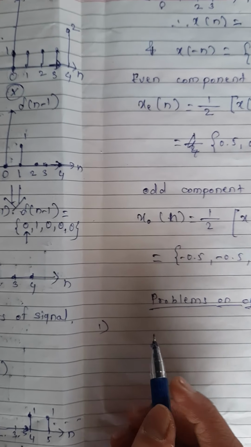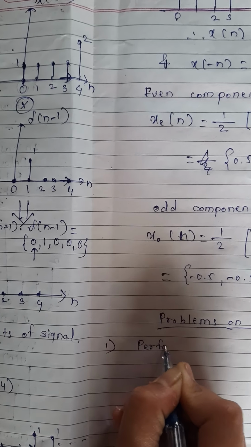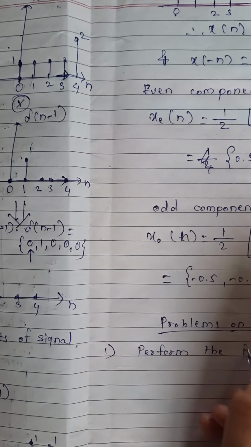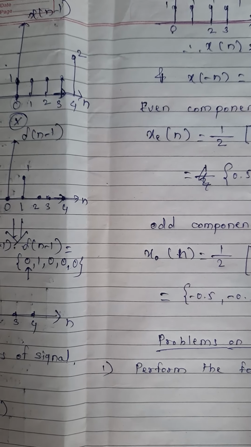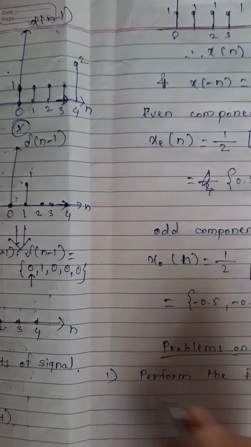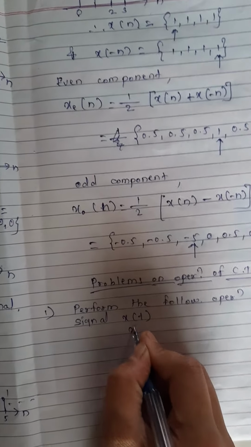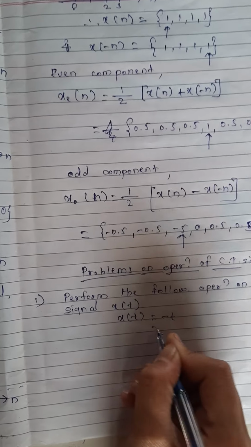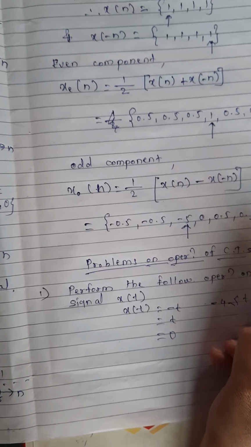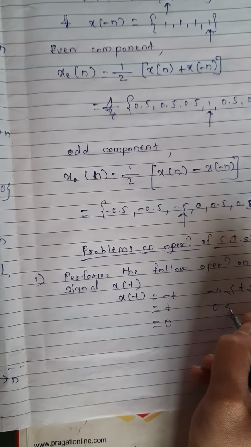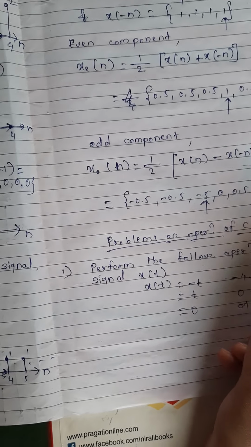Perform the following operations on given signal x of t, which is x of t is equal to minus t for t between minus 4 and 0, t for t between 0 and 2, and otherwise it is 0.